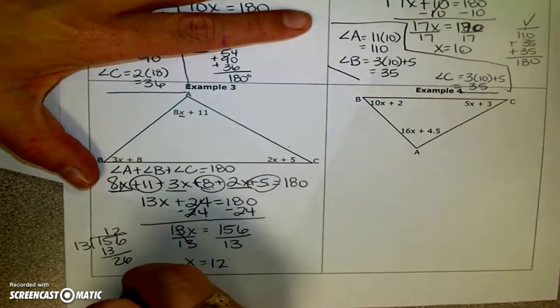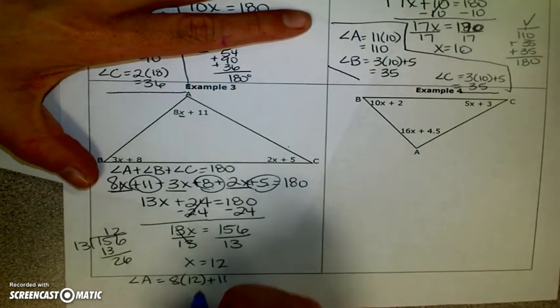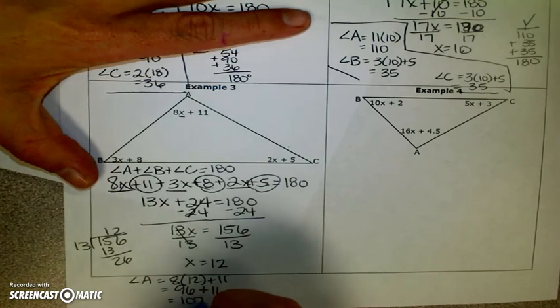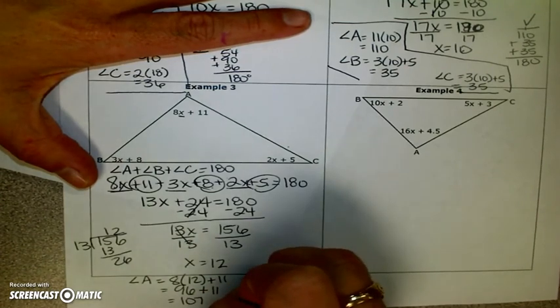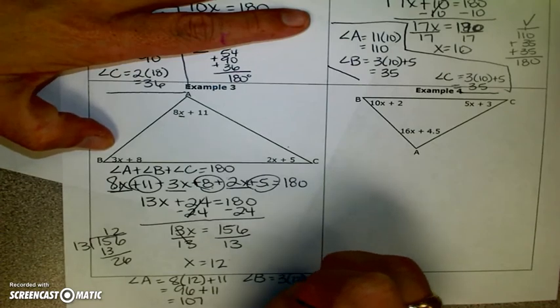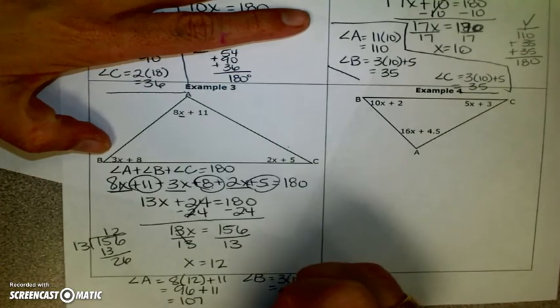So angle A is 8 times 12 plus 11. 8 times 12 is 96 plus 11 would equal 107. Angle B is 3 times 12 plus 8, so 36 plus 8 is 44.